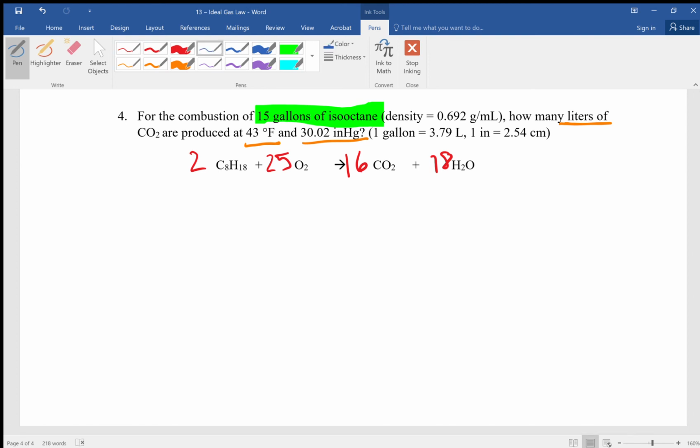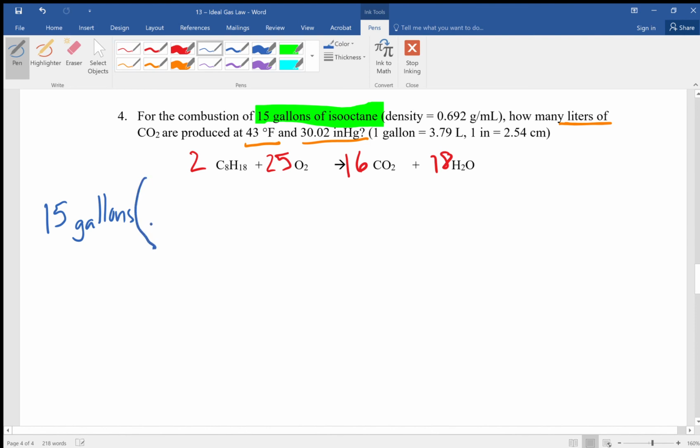Our next step needs to be converting this 15 gallons into a more useful unit. So first, we're going to go from gallons to liters. And then we can go from liters to milliliters.